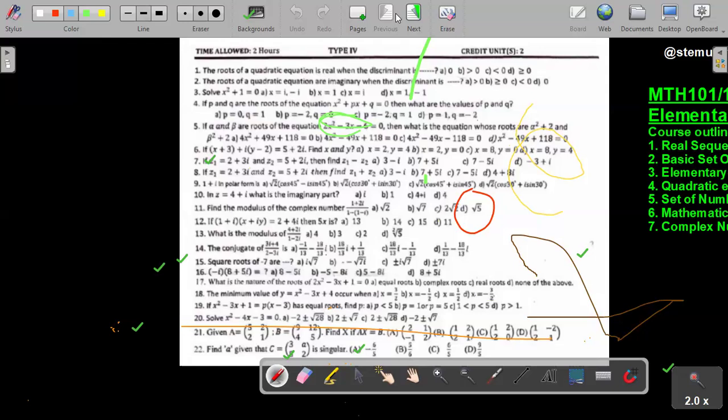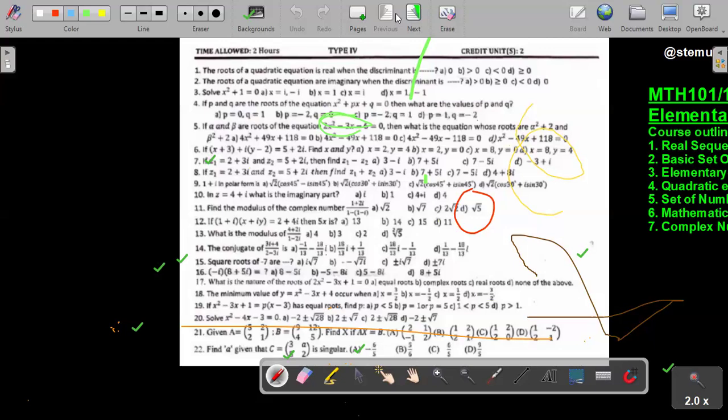Number 18, we are asked to find the minimum value of the root. So here we are back to quadratic equation also. This is also simple. We also use the discriminant value to determine the minimum value.